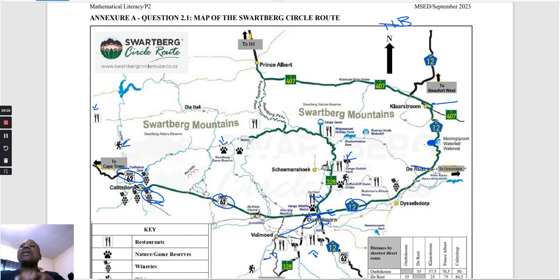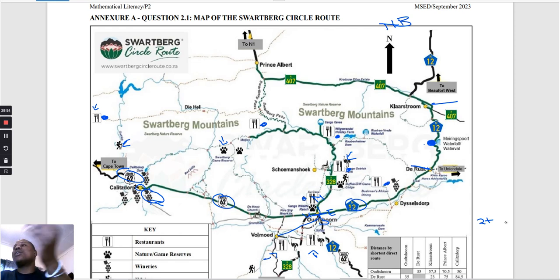Then how many restaurants do we have on this map? Let's start on the bottom. On the bottom we have 2 restaurants. Let's say 2 plus, and let's count the restaurants on top. We can see 1 here, 2, 3, 4, 5, 6.